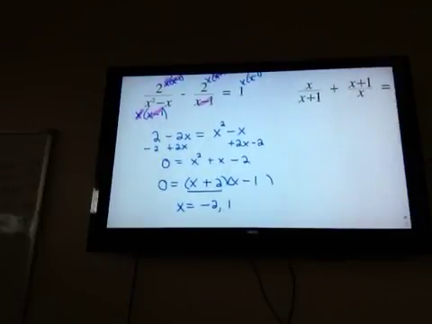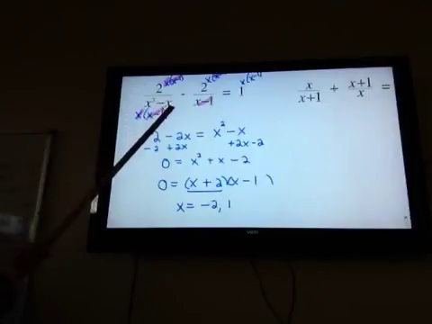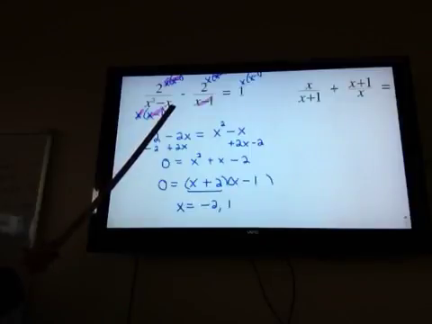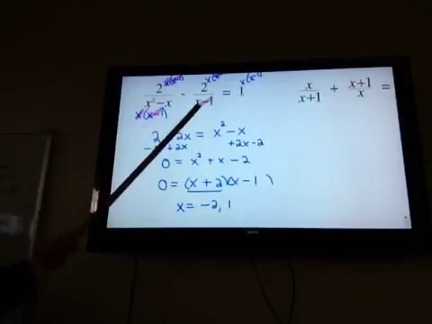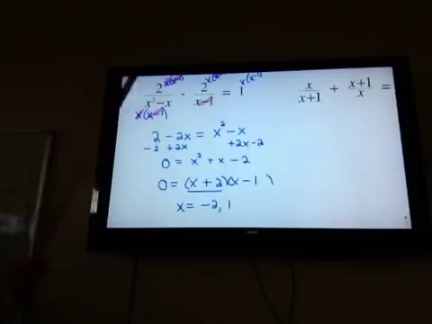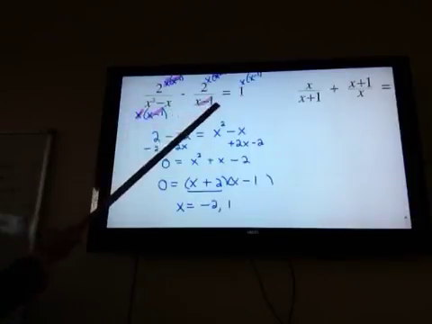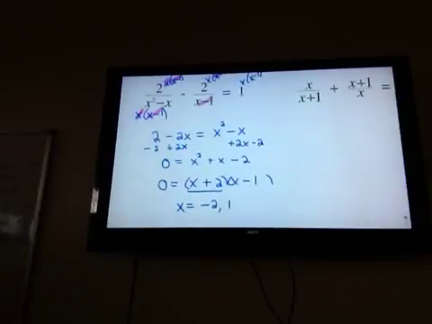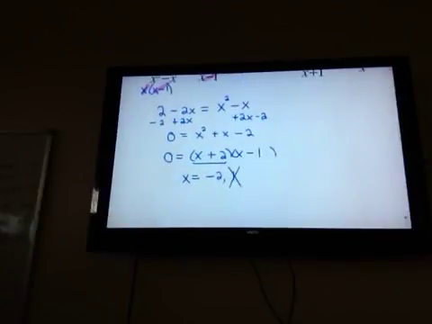But let's check those. Negative 2 squared is 4. 4 minus a negative 2 would be 6, so that works. Negative 2 minus 1 is a negative 3, that works. 1 squared is 1 minus 1 would give me 0. 1 minus 1 would give me 0. So 1 didn't work. Just my negative 2.